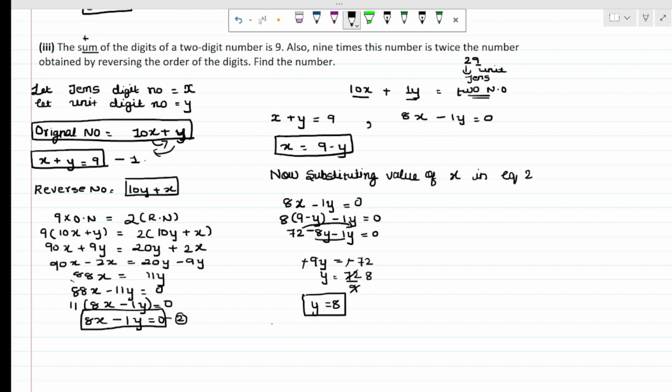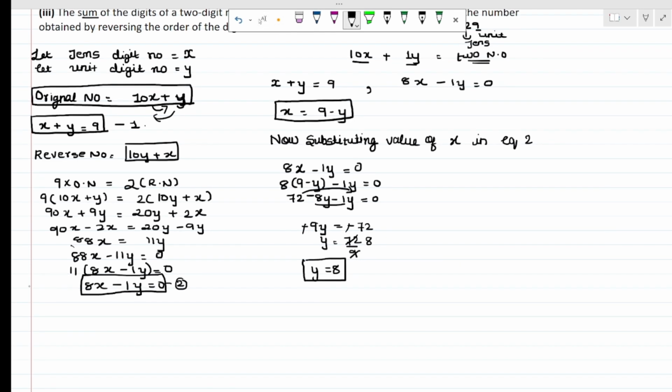Now what will I do? Just substitute. Now substituting the value of y in the equation.